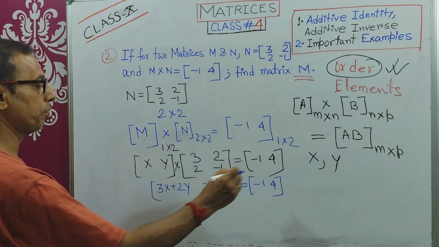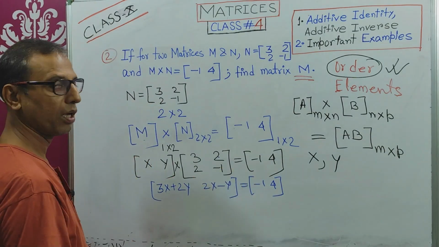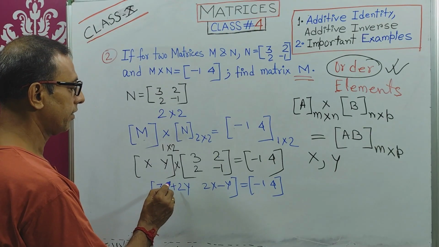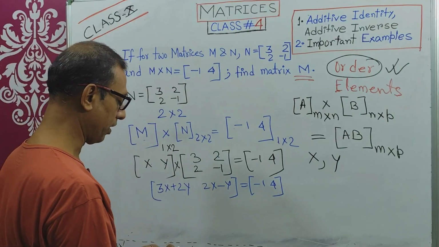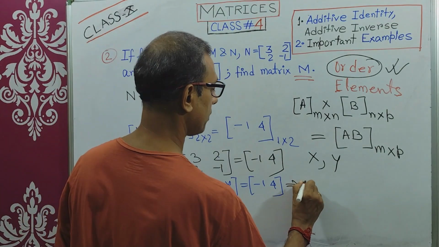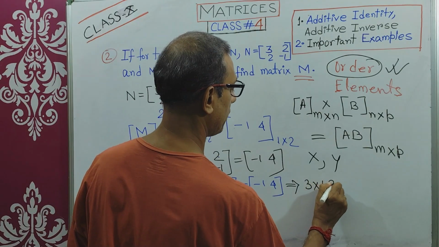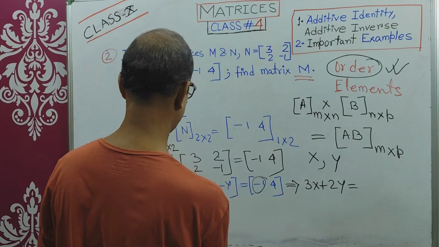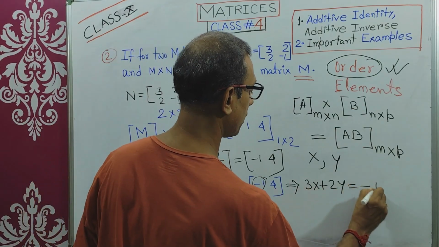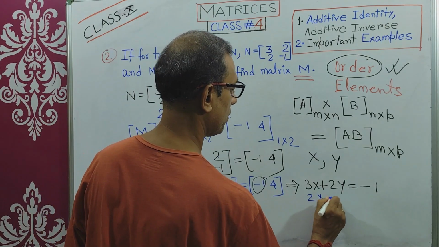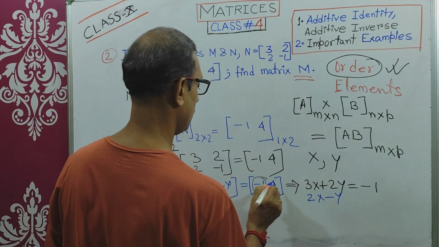Now these two matrices are equal. If two matrices are equal, their respective elements also will be equal. So 3x plus 2y equals -1, first element versus first element. And the other one is 2x minus y equals 4.